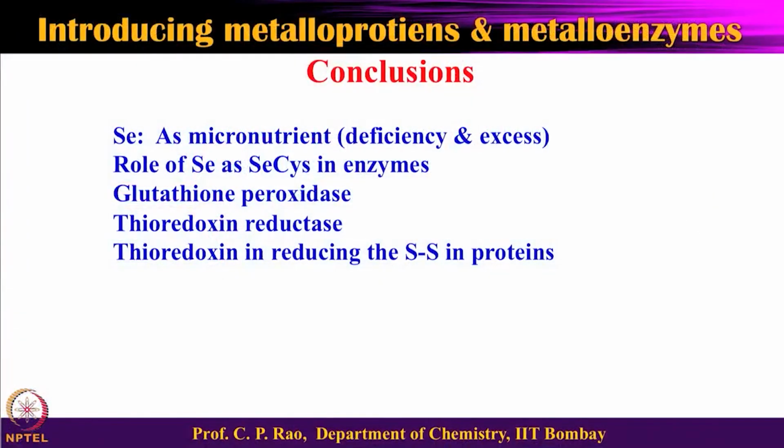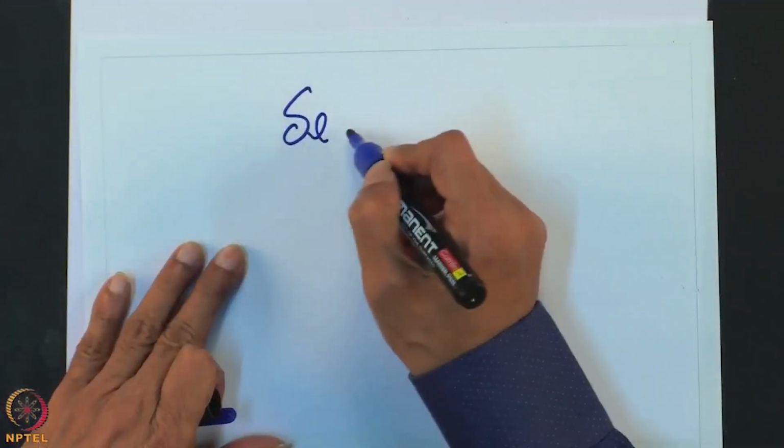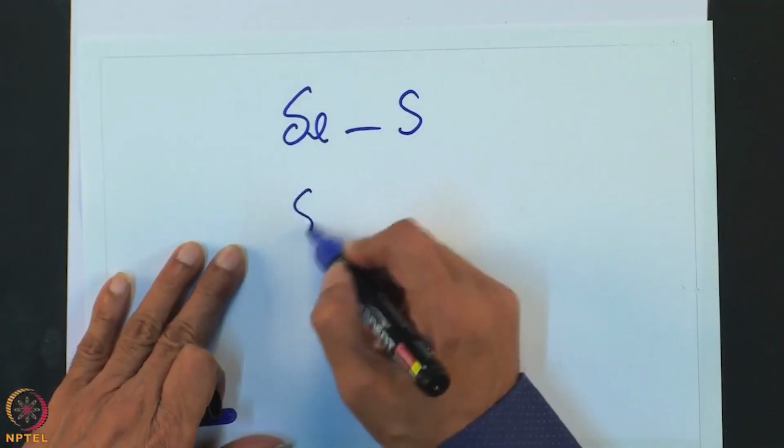So, it is basically the selenium which is really working in the selenocysteine enzymes just by forming a disulfide kind of a bond or breakage, making a bond of SeS or breaking this bond.